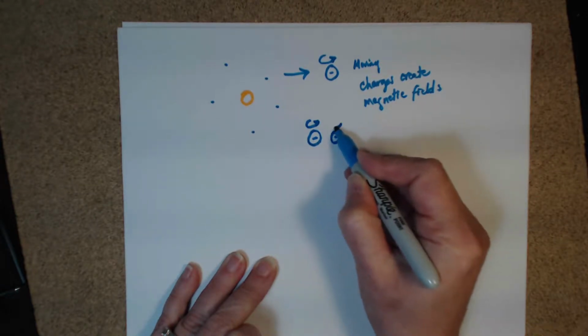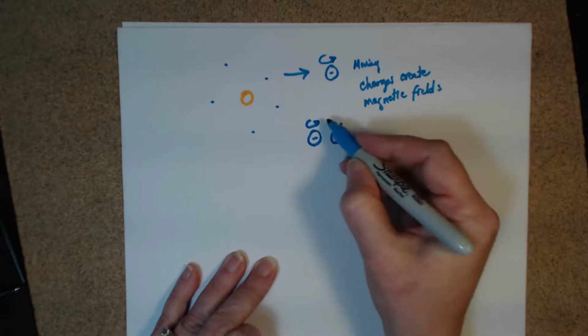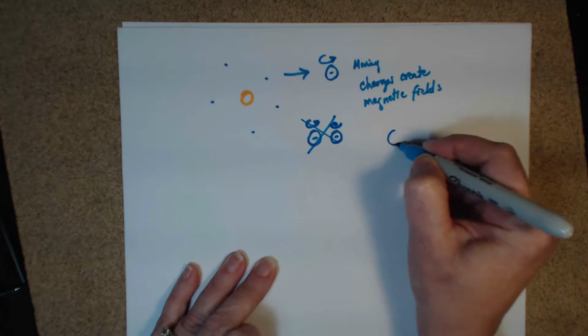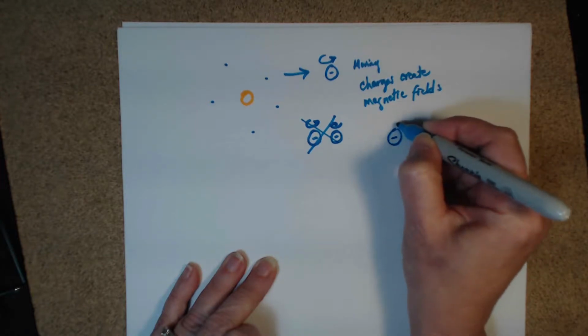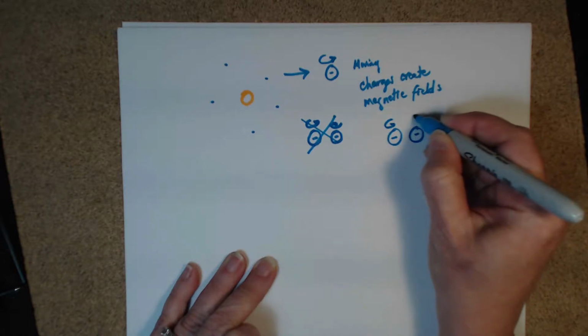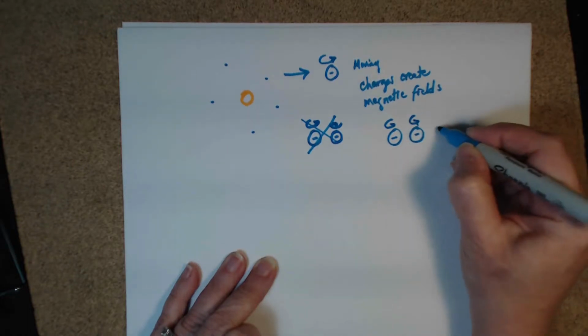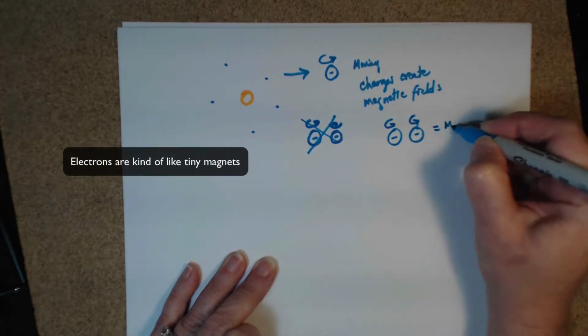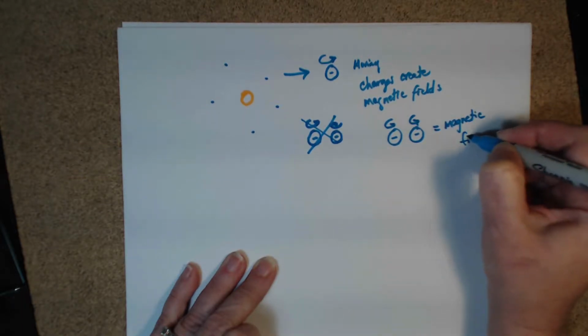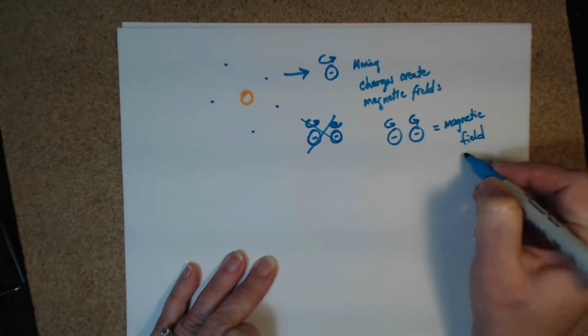Now, in most elements, the electrons have opposite spins and it cancels each other out. But in some elements, the electrons do not cancel each other out and in fact sort of magnify one another with their spin, and this creates a magnetic field.